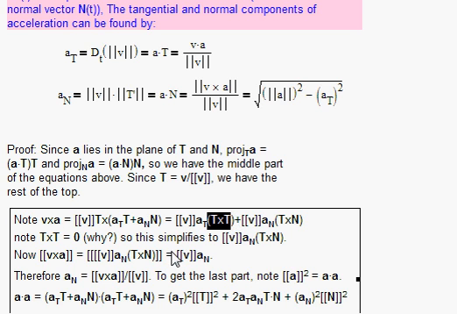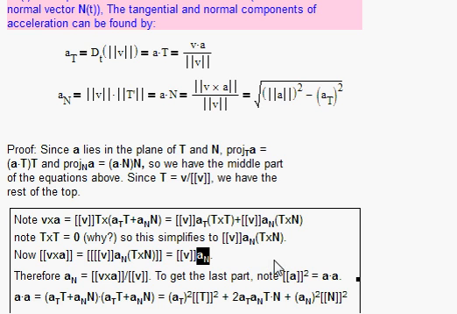And so that simplifies to just the length of v times the normal component of acceleration times T cross N. Now the length of v cross a is the length of v times the normal component times T cross N, and that would be the length of v as a scalar times a sub n.